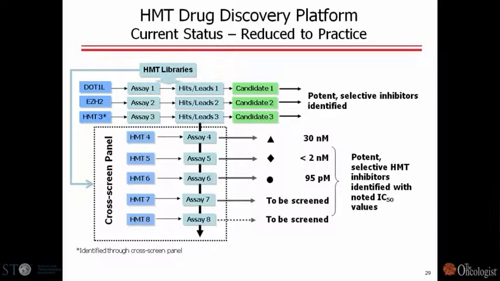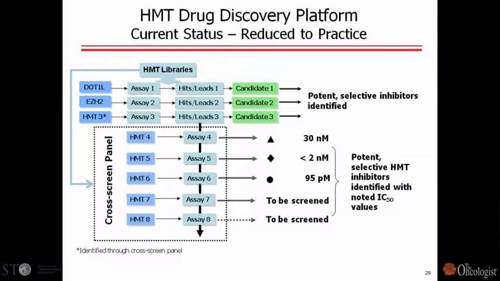Today, that library is about 3,000 compounds, which represents a diversity of chemical structures, a diversity of inhibition modalities, a quite rich library, and a growing library. By the end of the year, that will probably be around 5,000 compounds, and it will continue to grow from there.